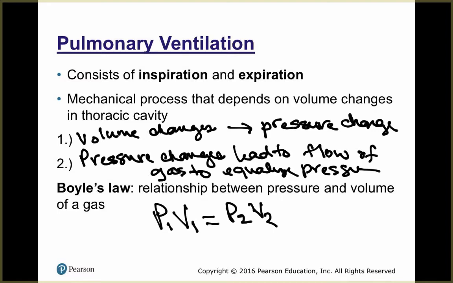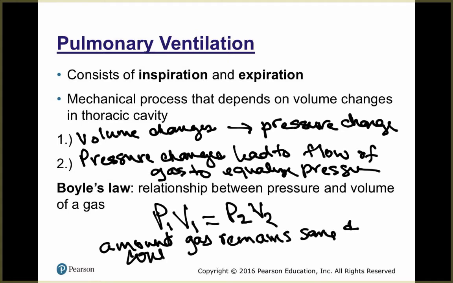What this is saying is if the amount of gas remains the same and the container size is reduced, what will happen to the pressure? If you said increase, then you would be right.